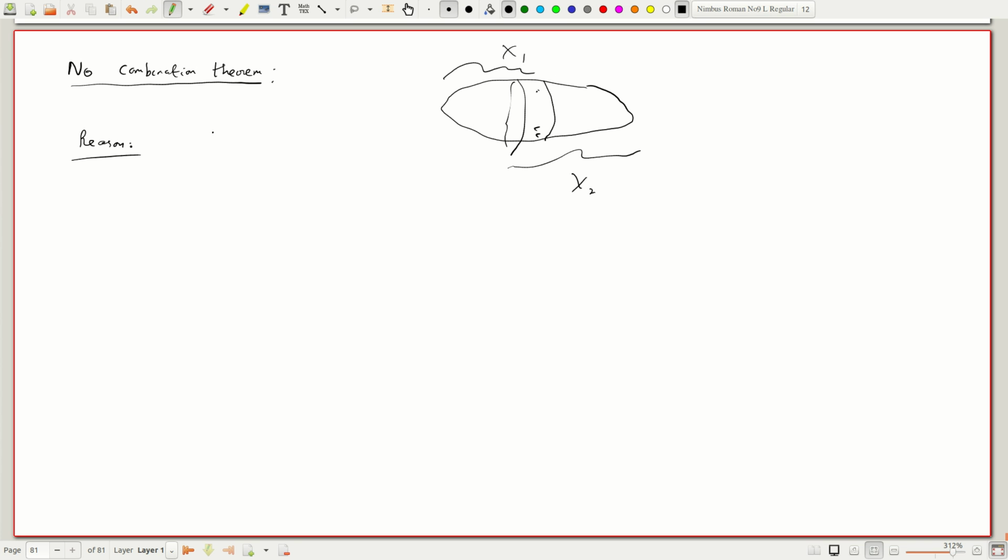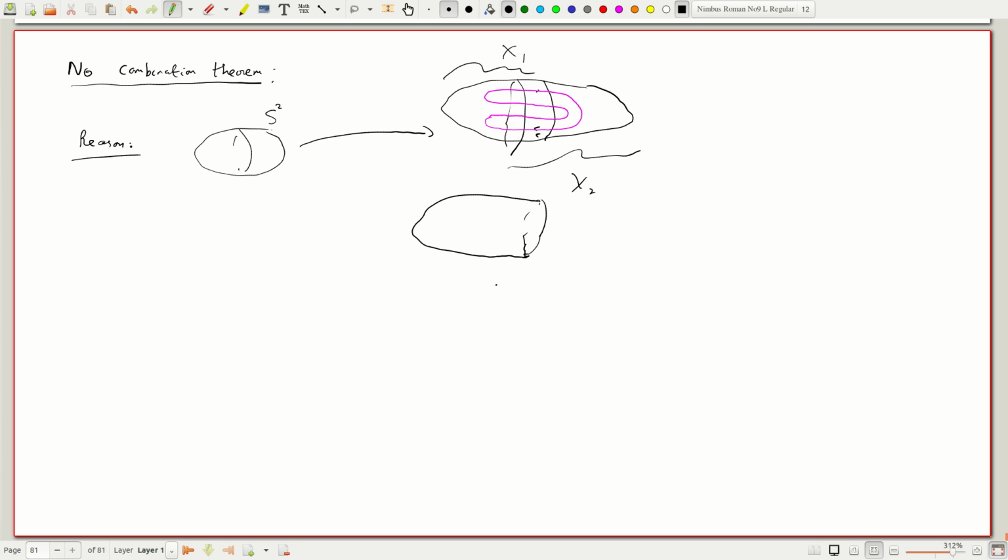Suppose I take a map from S2 into this space, and I have x1 and x2 here. The image of that map may look like this. If you look at its intersections with x1 and x2, you think of this as a combination of maps.